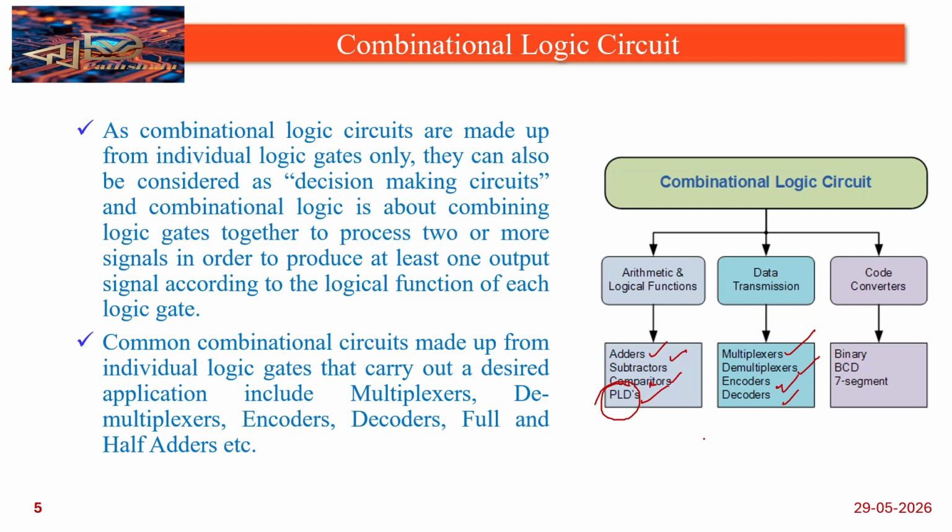See, we have some encoders. Encoders convert whatever human understandable language there is into machine understandable language. That is the purpose of the encoders. At the transmitter side we use these encoders, and at the receiver side we use the decoders.